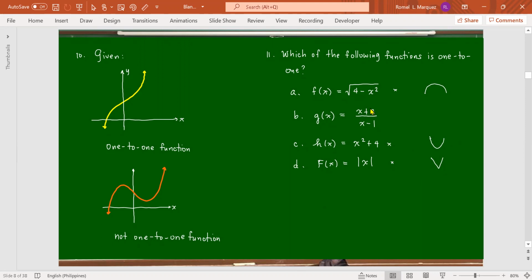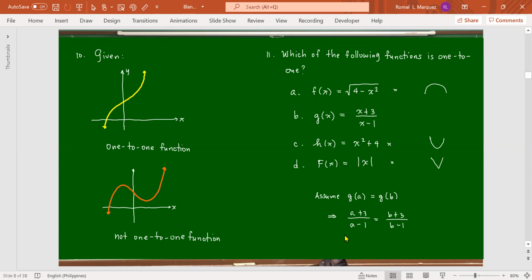Now, to determine whether this is one-to-one or not, we assume g of a equals g of b. So we now have a plus 3 all over a minus 1 is equal to b plus 3 all over b minus 1.